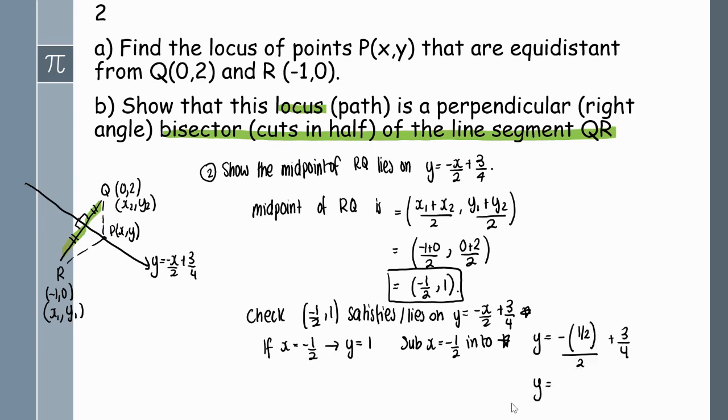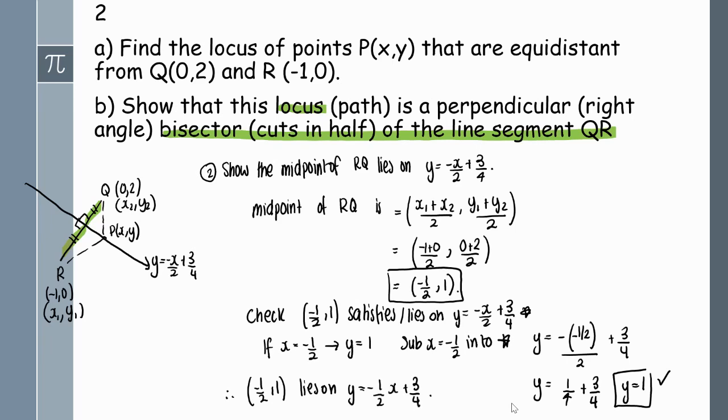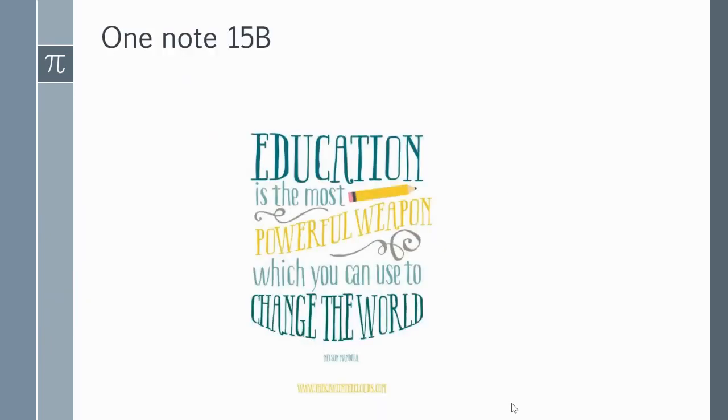All right, let's sub it in. -1/2 just becomes a +1/2. Divide that by 2, we get 1/4 plus 3/4. That gives me y equals 1, which is what I wanted to show. So we can conclude that the midpoint lies on the line of my locus, and therefore the locus cuts QR in half. This is part of 15B.